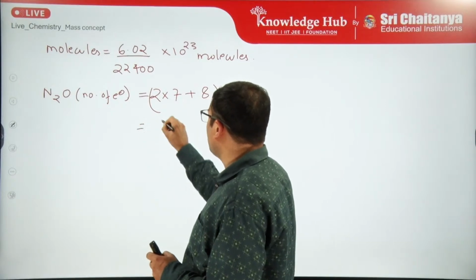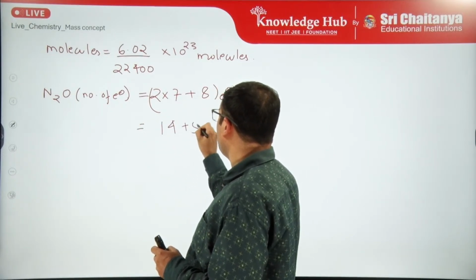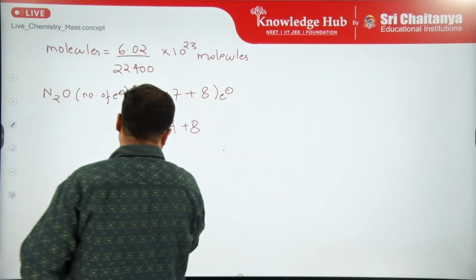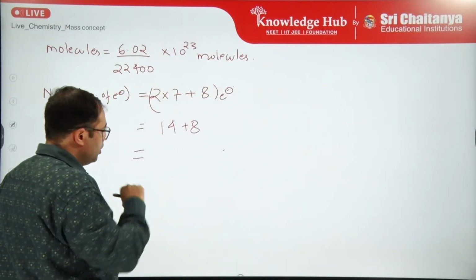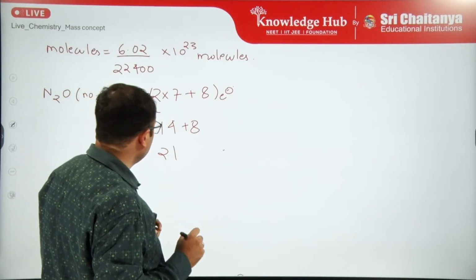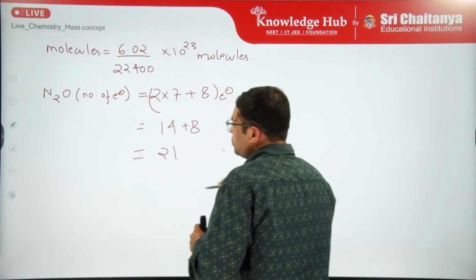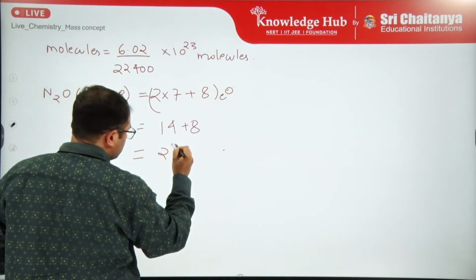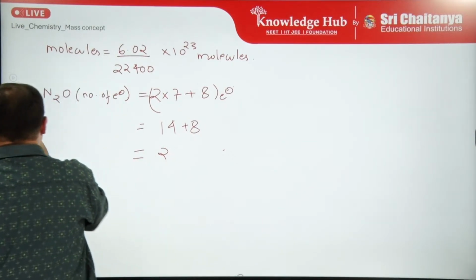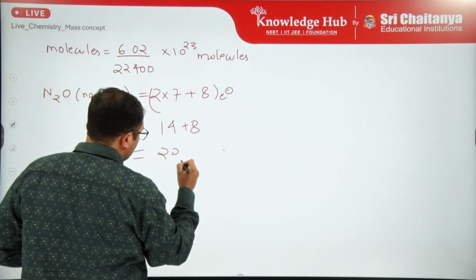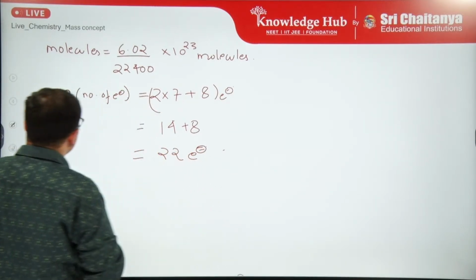This value if you calculate, you will have 22 electrons, right?